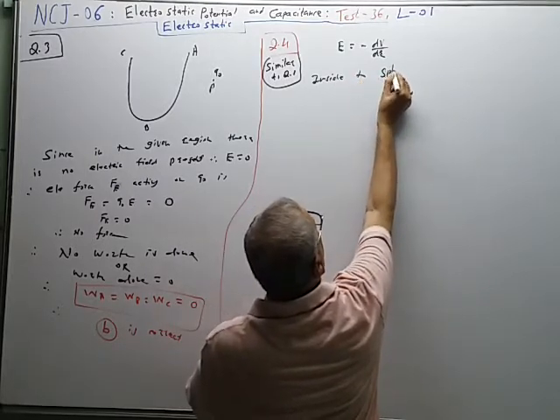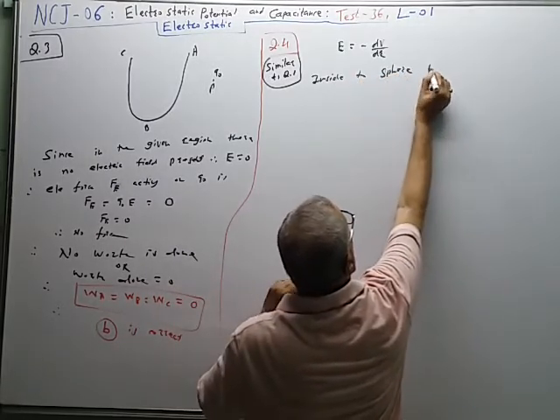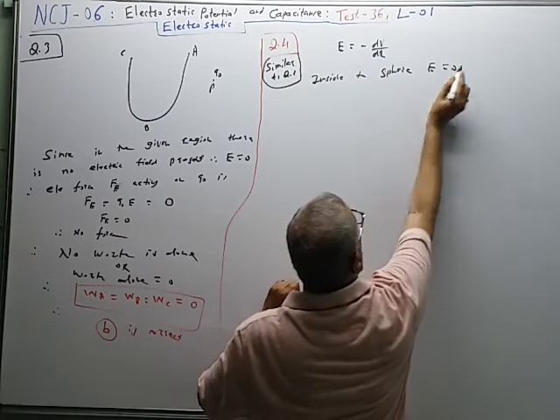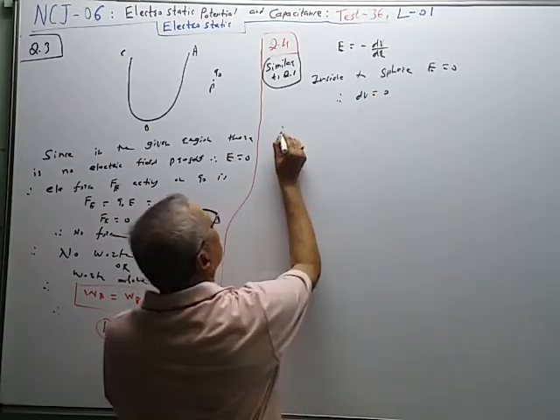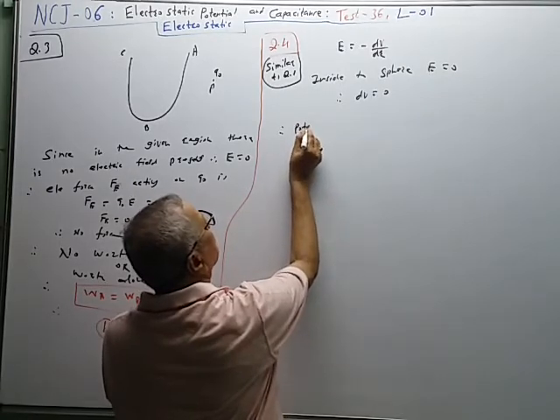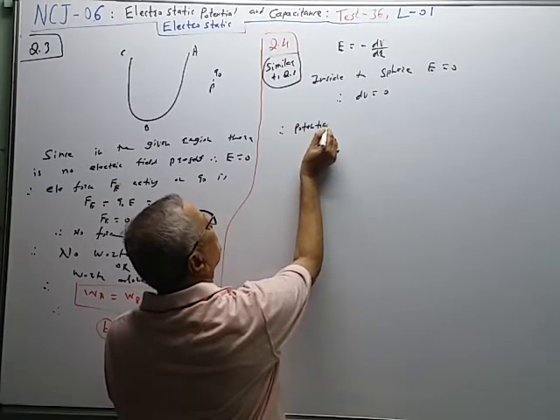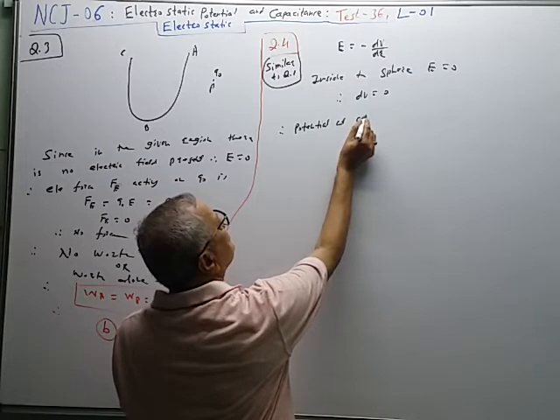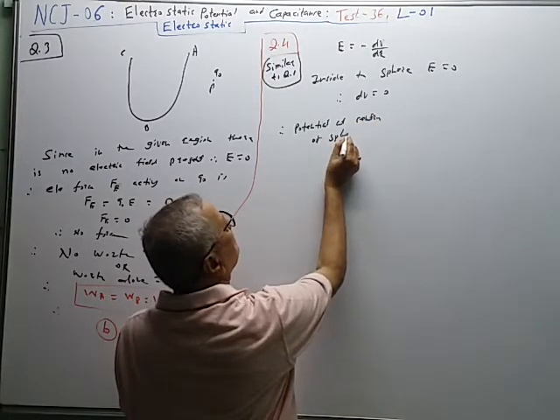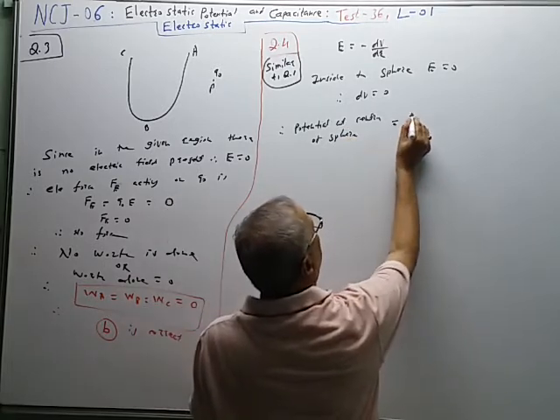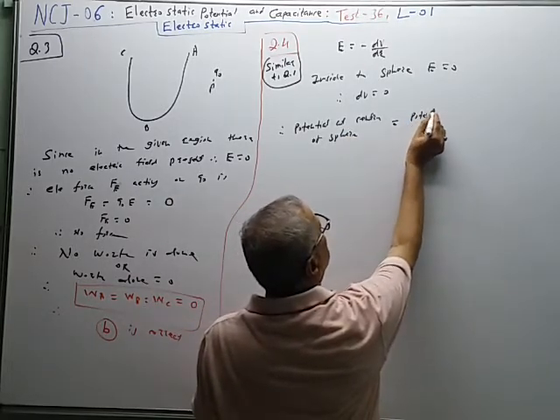Inside the sphere, E is equal to 0. This is the universal property of a conductor. Therefore, dV is equal to 0. Therefore, potential at the center of the sphere is equal to potential on its surface.